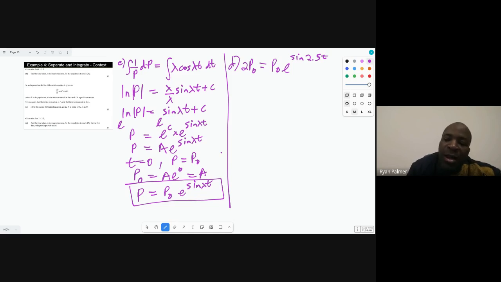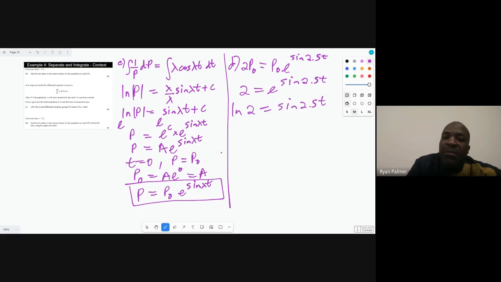And whenever we are solving these type of equations, we know that they are in radians. So if we rearrange, we're going to have 2 is equal to e to the sine 2.5T. We're going to take the natural log of both sides. So ln will cancel out here, and this will be sine 2.5T.